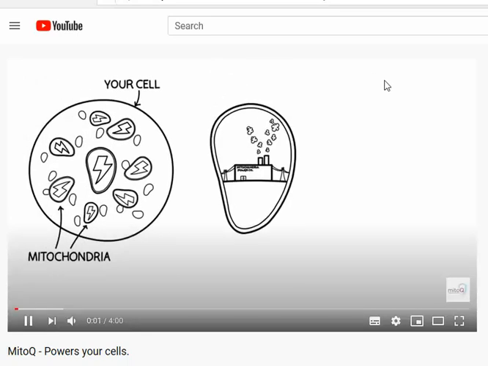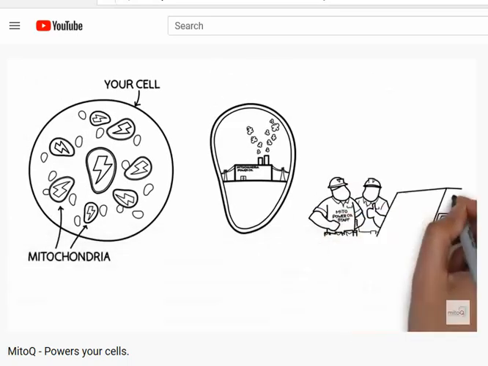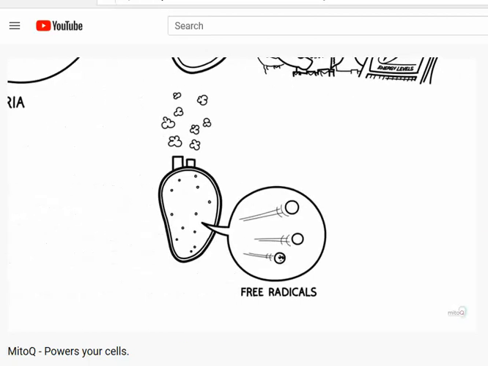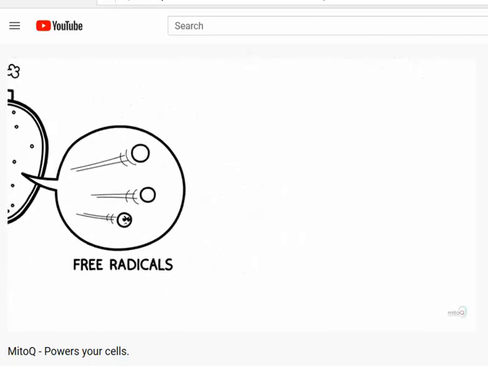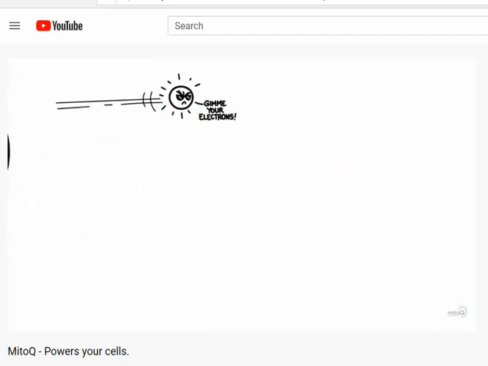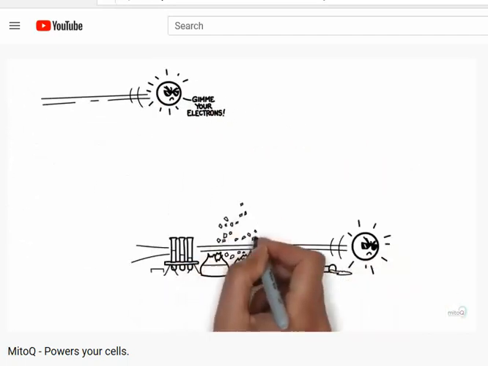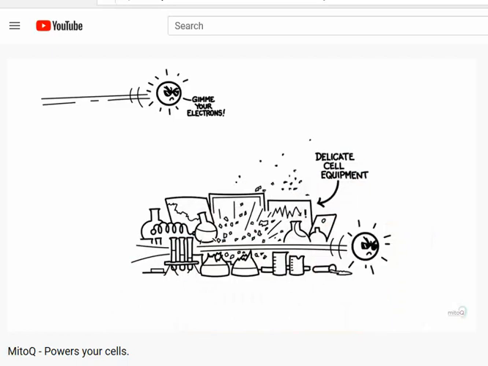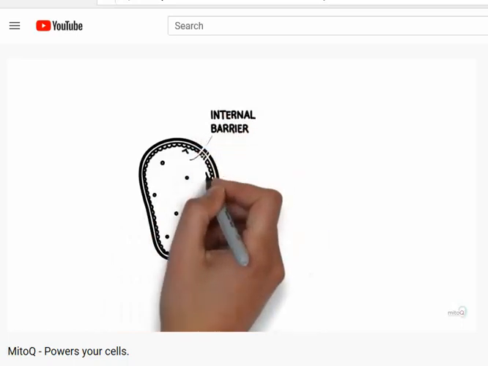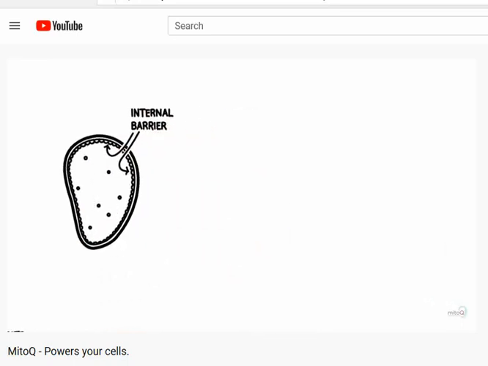Mitochondria are little power stations inside your cells, working hard to produce the energy you need every day. But there's a byproduct of their energy production, free radicals, and while they might be free, they can be costly. They're rogue molecules generated within the mitochondria, and they can damage the delicate equipment inside your cells. The good news is mitochondria are clever, creating internal barriers of molecules that neutralize free radicals.